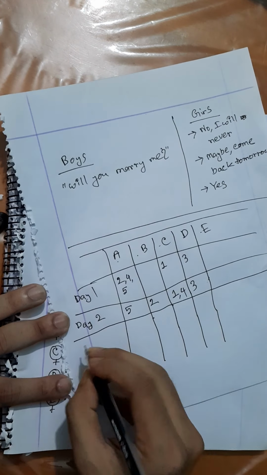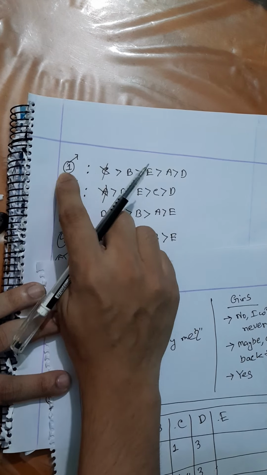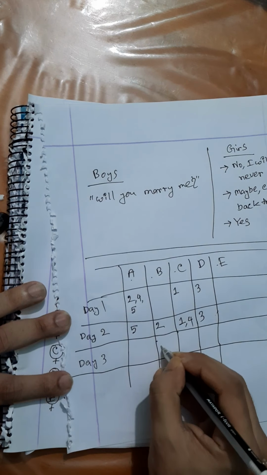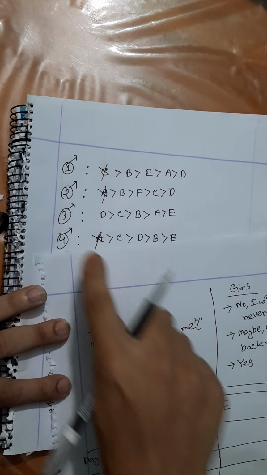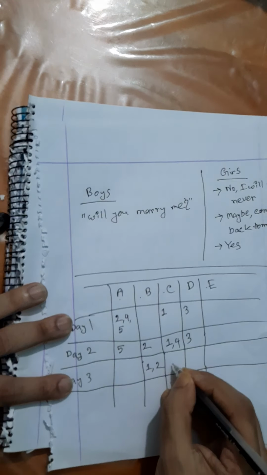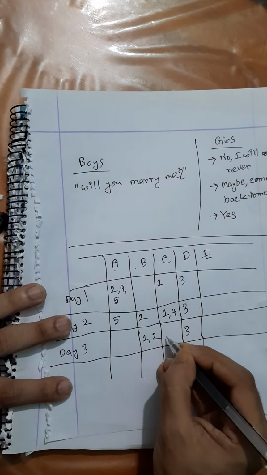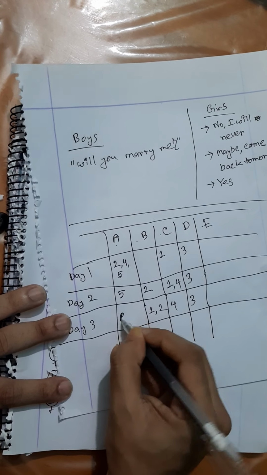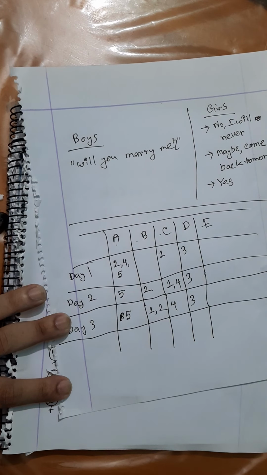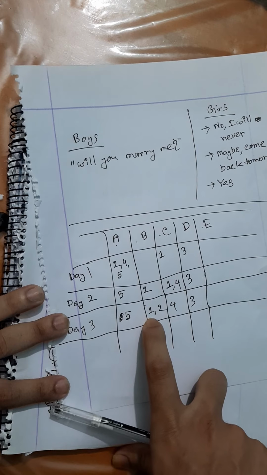All right, now comes day 3. In day 3 boy 1 will go under B's balcony. Boy 2 will again go under B's balcony. 3 will go under D's. 4 will go under C. 5 will go under A. Now B has 2 boys under her balcony here, so 1 and 2.